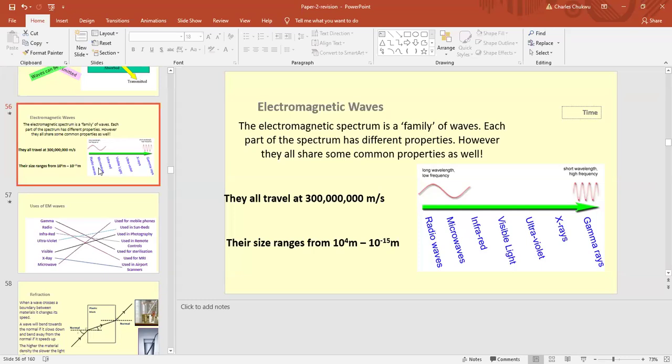The Ra I picked from radio, and the M, and the rest, I just picked the first letters of each. So just think about it that way, so you'll be able to remember the order in which they show up on the electromagnetic waves spectrum.